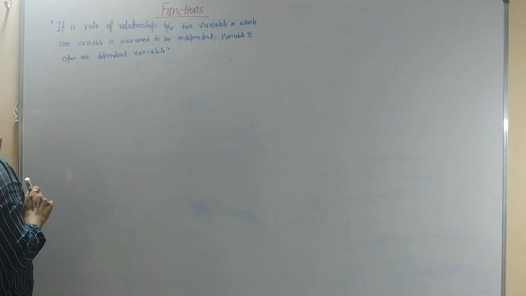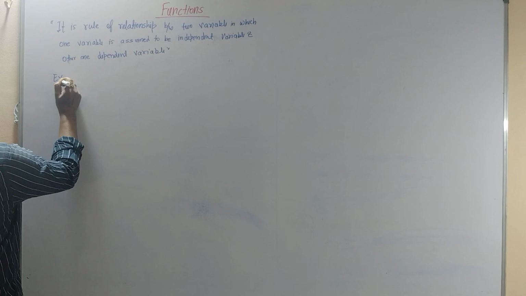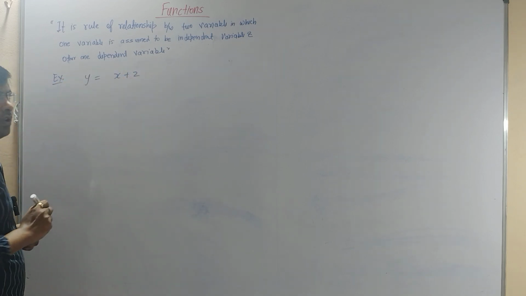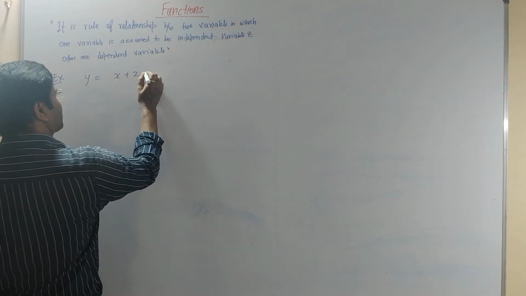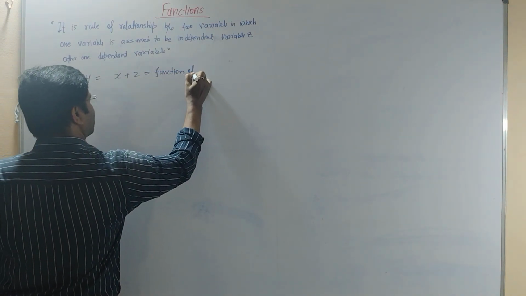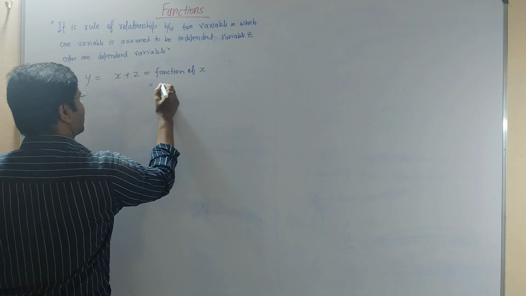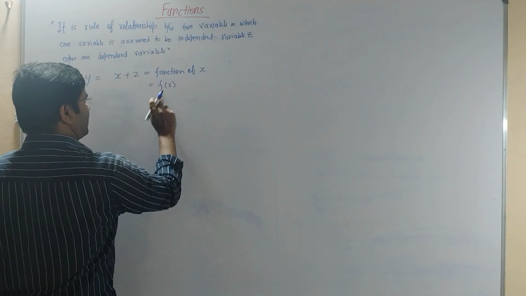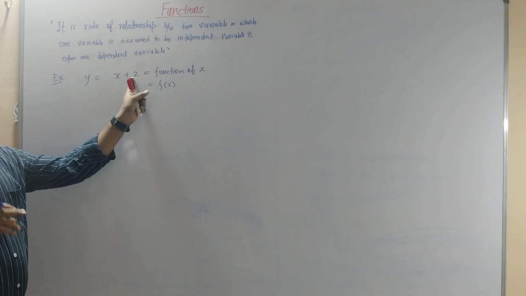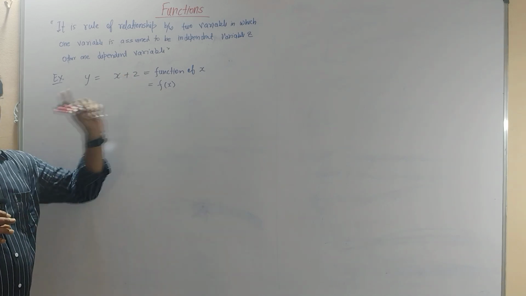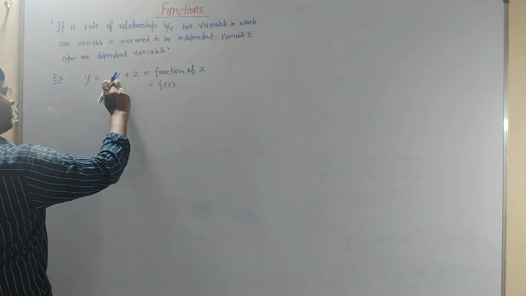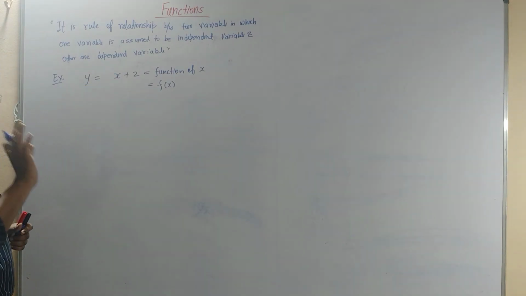independent. Okay. So for example, if I'm saying that y equals, let's say, x plus 2, we will call this x plus 2 a function of x, and we will represent it like f(x), and this f(x) and y are both the same thing. In this one, x will be the independent variable, y will be the dependent variable.